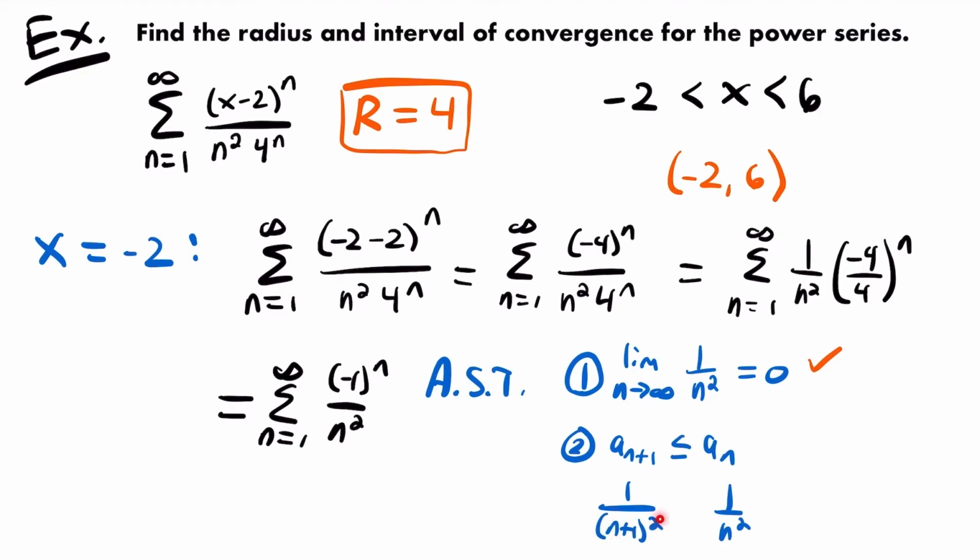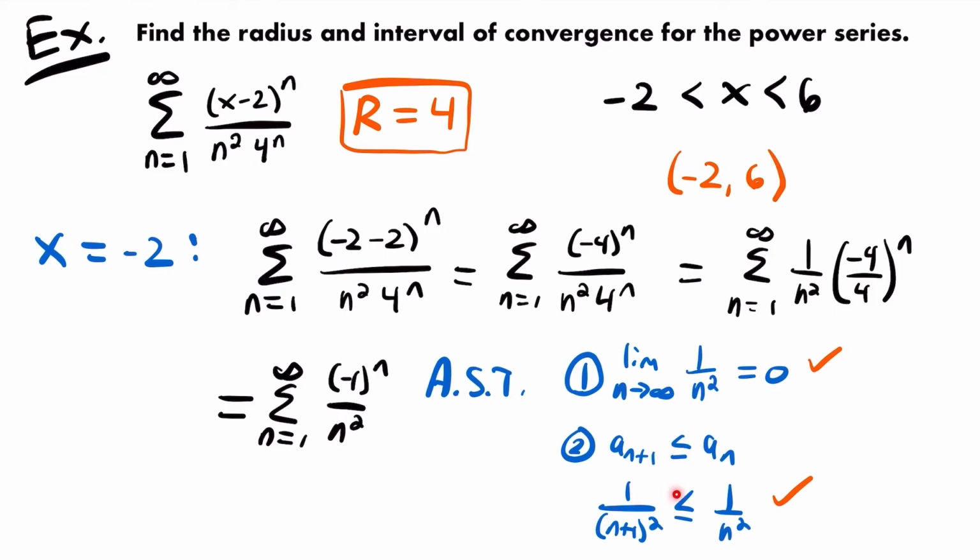So n plus 1 squared will be bigger than n squared. And when you have a bigger denominator for a fraction, the value of that fraction gets smaller. And so this term will always be less than or possibly equal to this term. All right, so it's true that our sequence is a decreasing sequence.